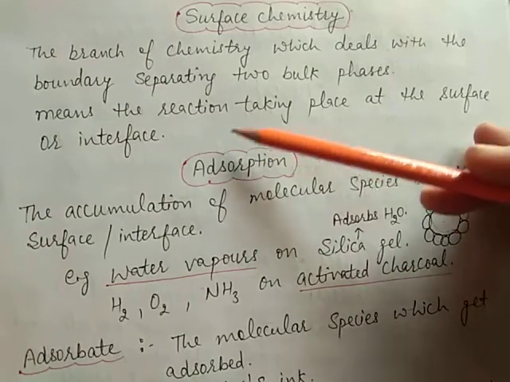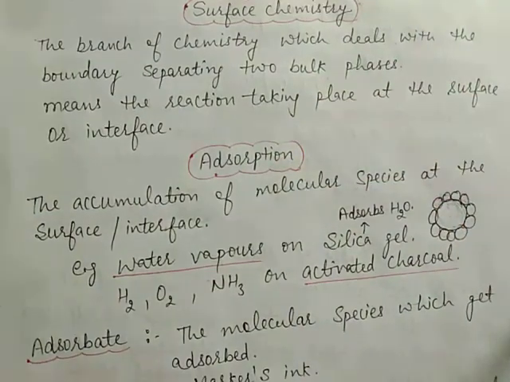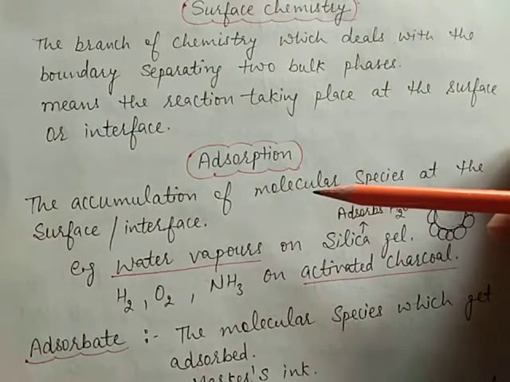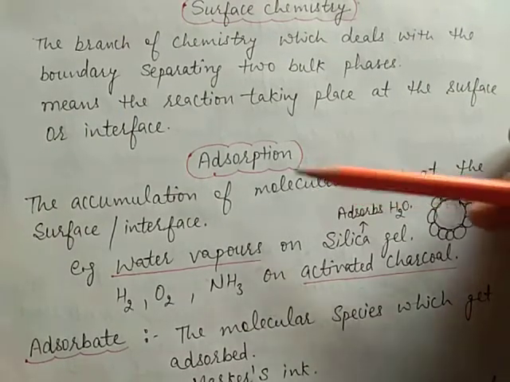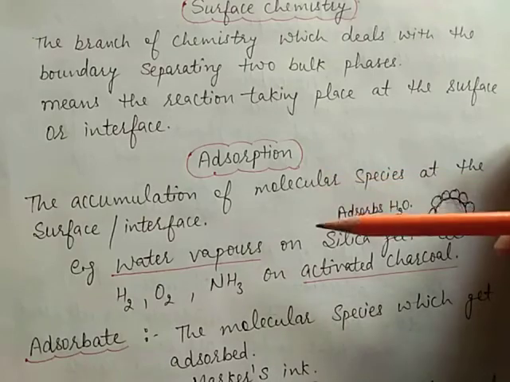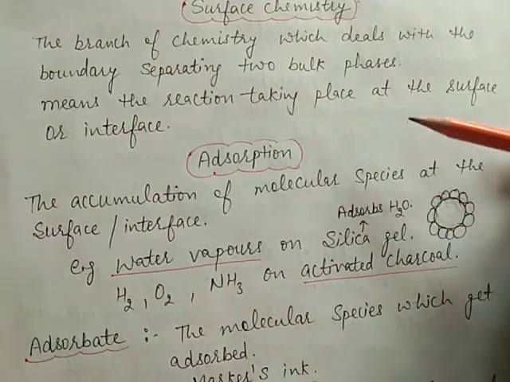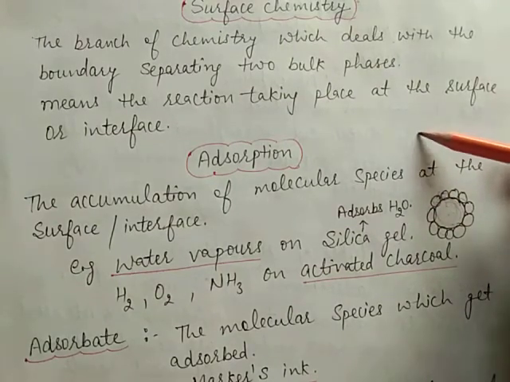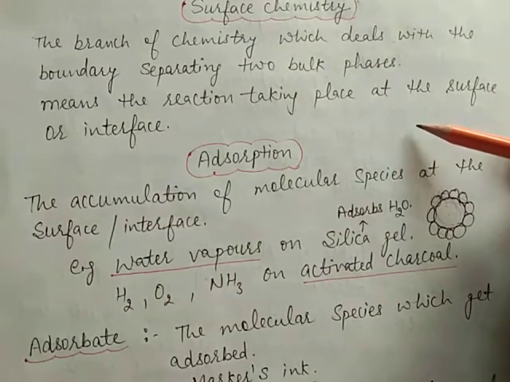In adsorption, the concentration on the surface of the adsorbent is different from that in the bulk. So it is a surface phenomenon. But in absorption, the concentration is the same throughout the material. So it is a bulk phenomenon.